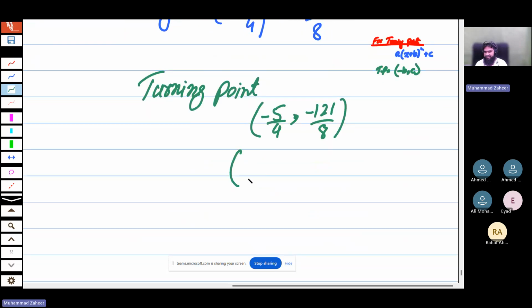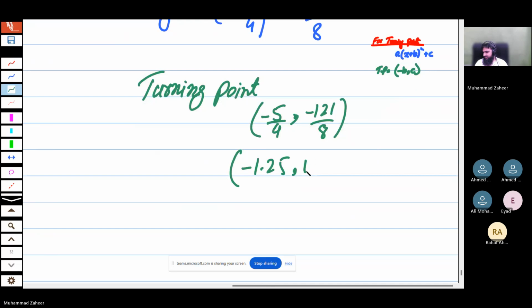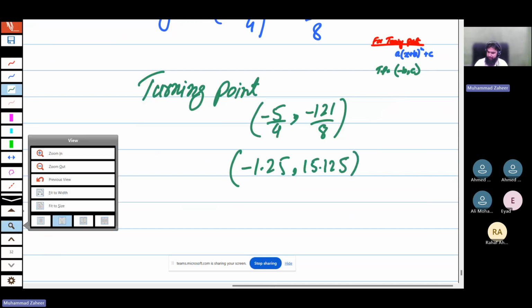In decimal form, minus 5 by 4 is minus 1.25, and minus 121 divided by 8 is minus 15.125. This is my turning point.